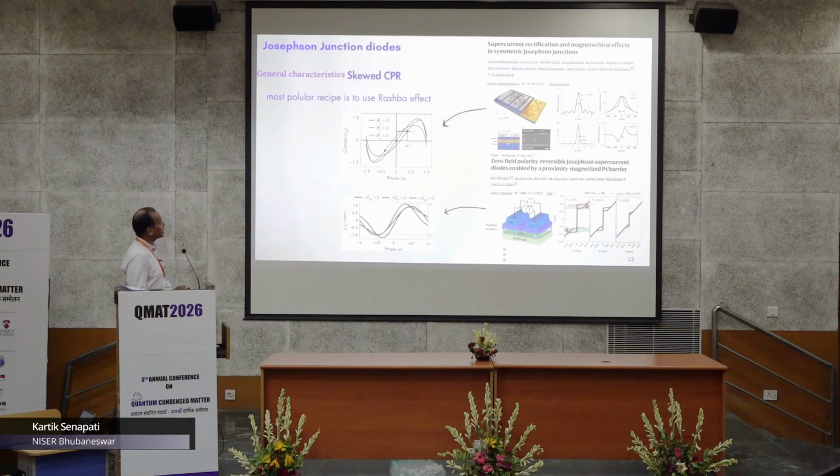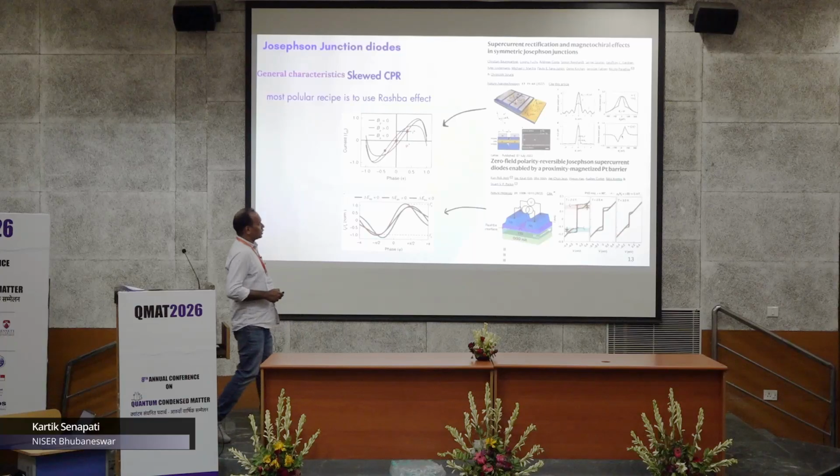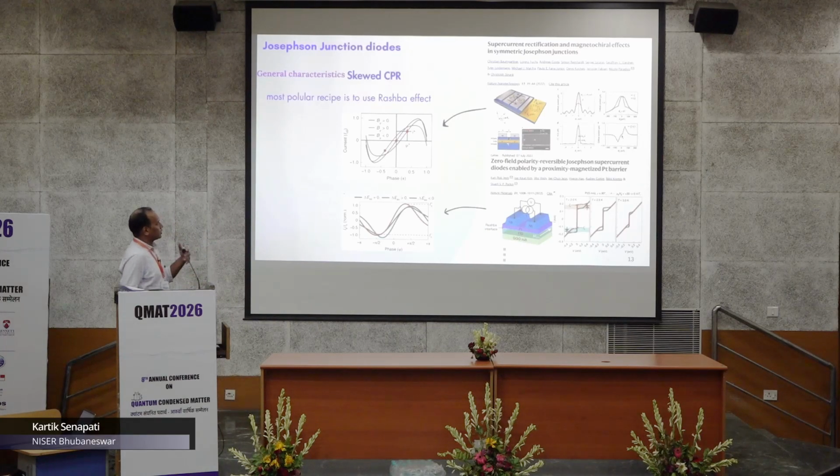They essentially used the Rashba interface, which has a very strong inversion symmetry breaking field, and then you can apply a magnetic field to break the other symmetry. Ultimately, they tapped into changing the current phase relation.